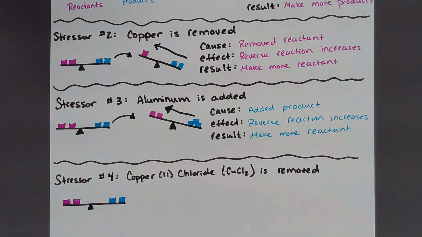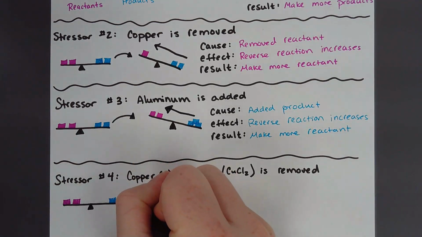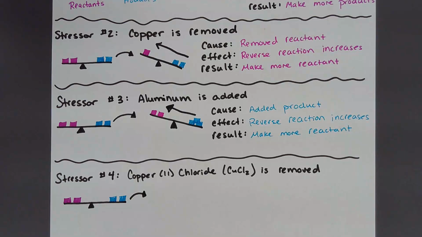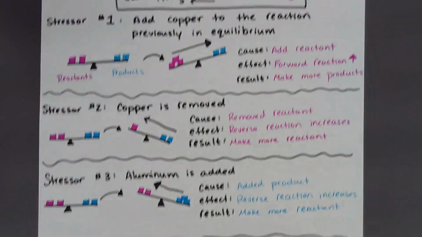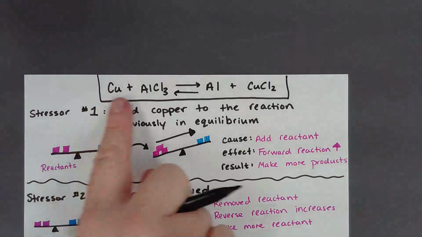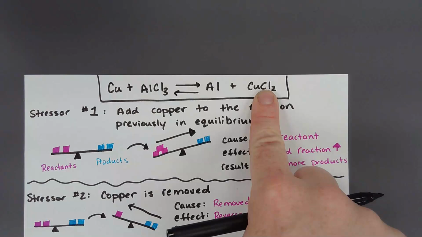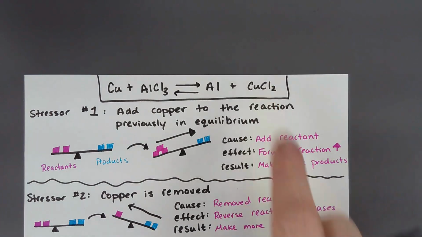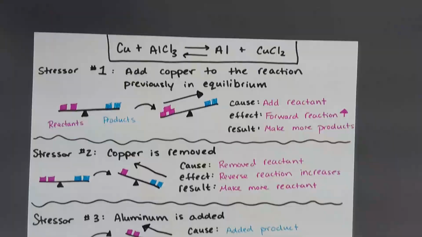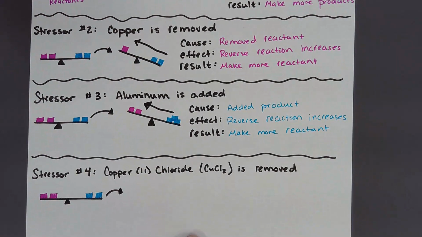And then figuring out what is my specific stressor. So going up to my parent equation, copper 2 chloride. CuCl2 is a product, and my prompt says I'm removing it. So I'm taking away a product box, which means I am taking away a blue box.